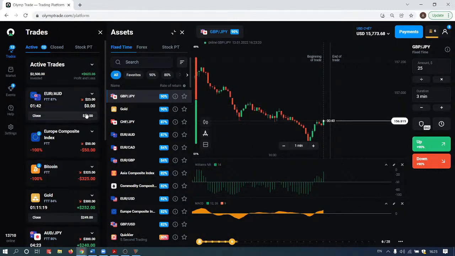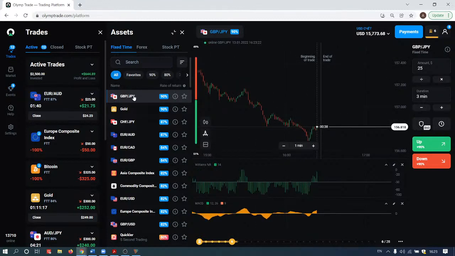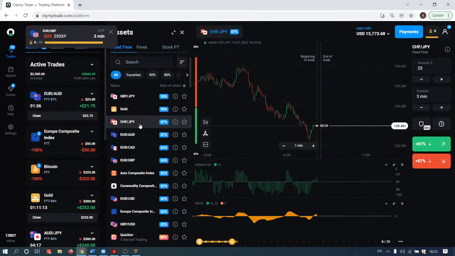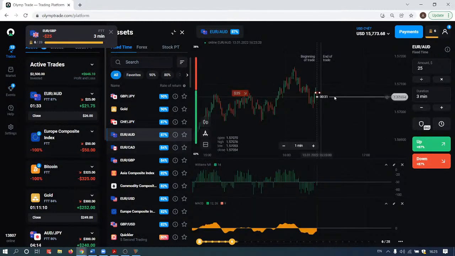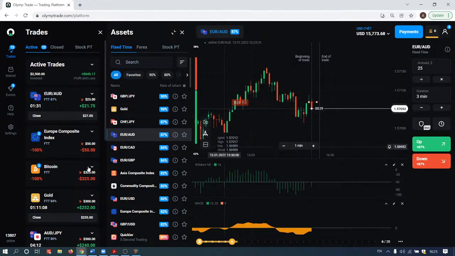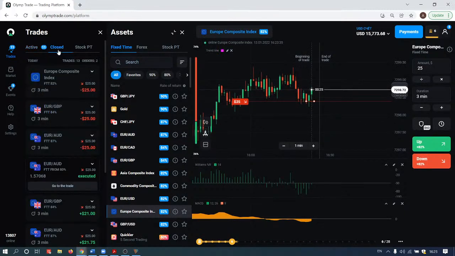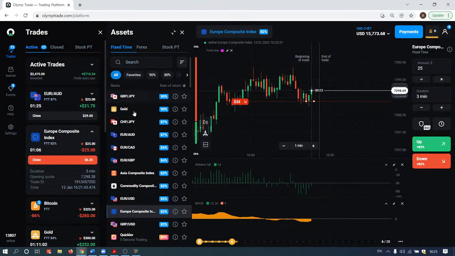Sometimes, of course, the more winning trades you have in your trading strategy, the easier it is to make money, and normally the more money you make from the financial markets. But it's not required. You can make money with even, well, probably the lowest win rate on FTT is somewhere around 35 to 38%.